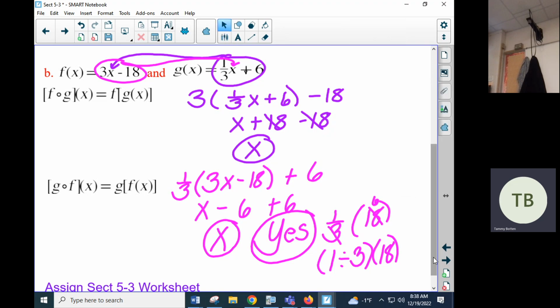I just want to mention one thing. I'm not sure if I should post my keys or not. I know some of you are just copying down the answers from the key. And I think that comes out when you take your quiz.